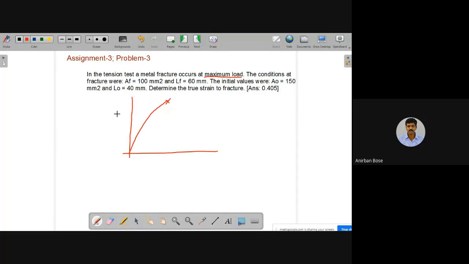Now the conditions at the fracture, these are the information given: final area is 100 millimeter square, final length 60 millimeter, and initial length 40 millimeter and initial area 150 millimeter square.